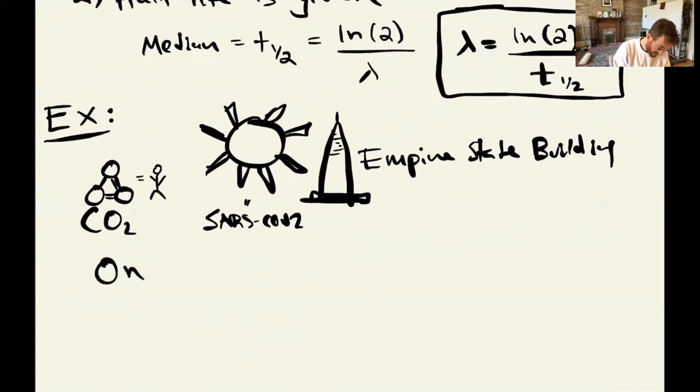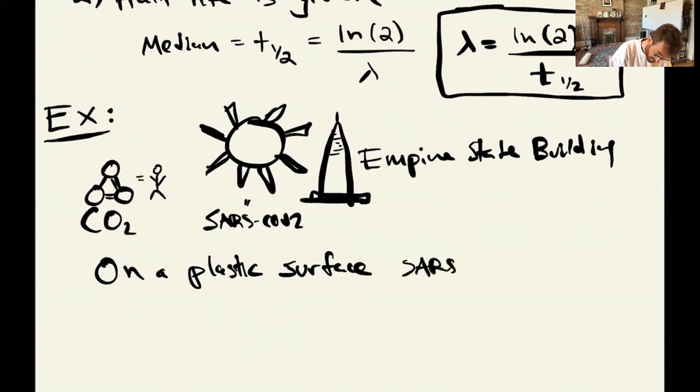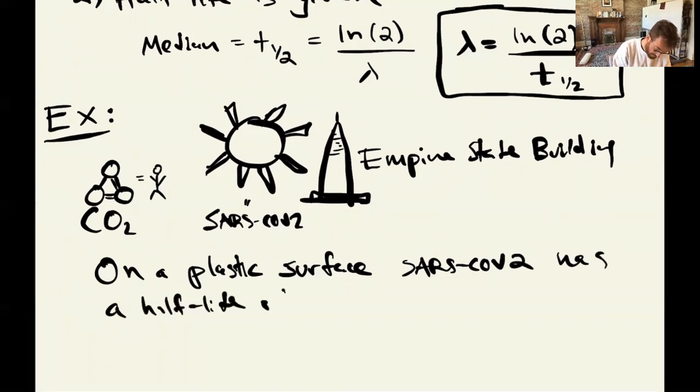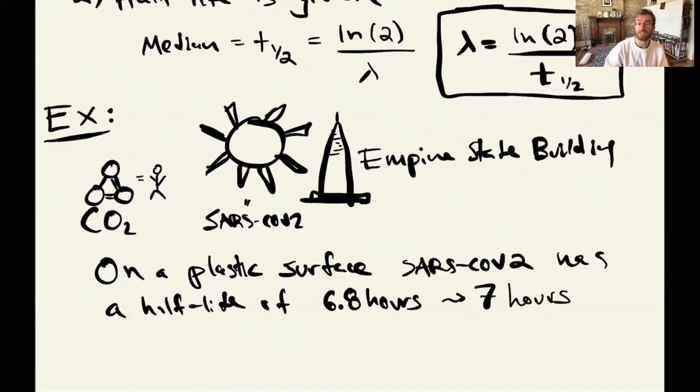On a plastic surface, it has a half-life of 6.8 hours. Let's just go ahead and round up and call that 7 hours to make our computations a little bit easier.